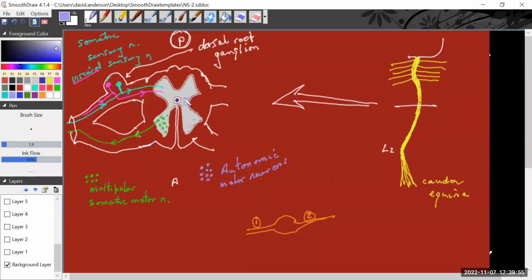The lateral part of these horns are for autonomic motor neurons. You've got the word motor in there, so you know they're going to finish on an effector. If it's autonomic, it's everything except skeletal muscle. In the dorsal horns, we have the fibers from the sensory neurons. The neurons themselves are out in the dorsal root ganglion. This is the dorsal root. This is the ventral root.